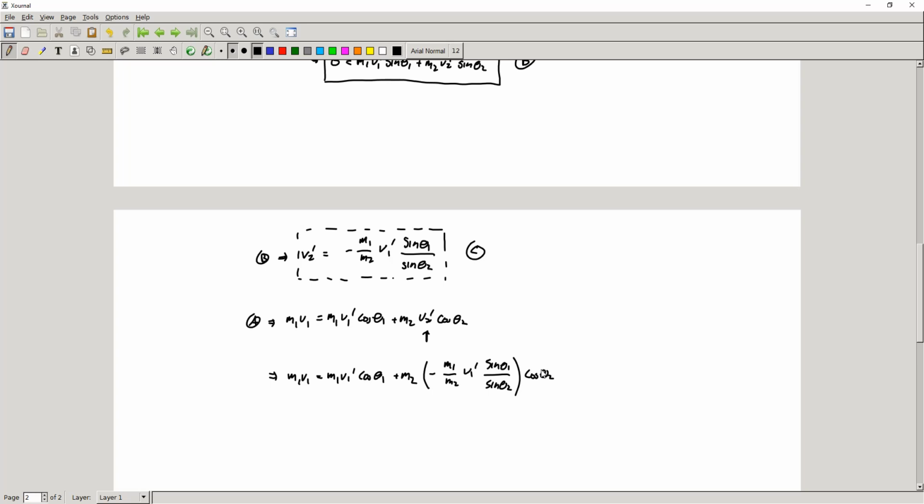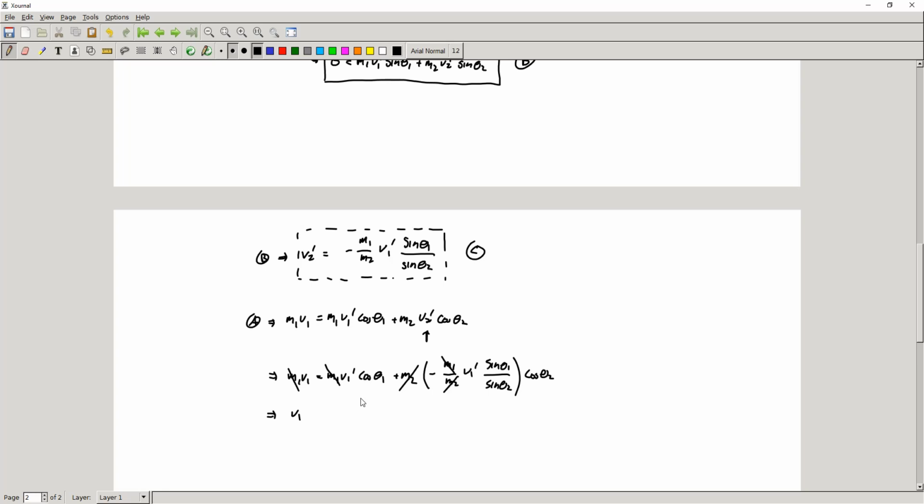So we can clean this up a little bit. Let's first off get rid of this m2, and divide through by an m1. So we'll have an m1 gone here, here, and here. And we can clean this up a little bit, so let's do that. We have v1. I'm going to move this term over to the left-hand side just to clean things up a little bit.